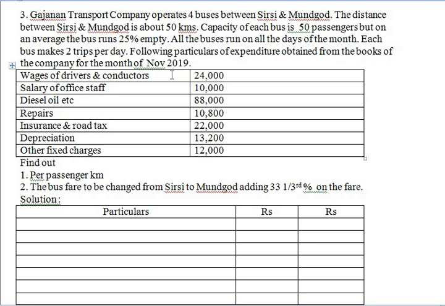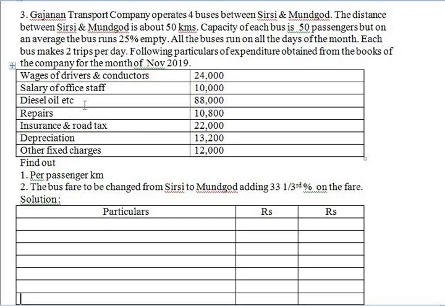Now here are some expenses given. What we will do is mark where these expenses have to be taken, so that at the time of solving the problem it will be very easy for us. Wages of drivers and conductors: at least for a month it will be fixed, so this is standing or fixed expenses, taken under the first classification.